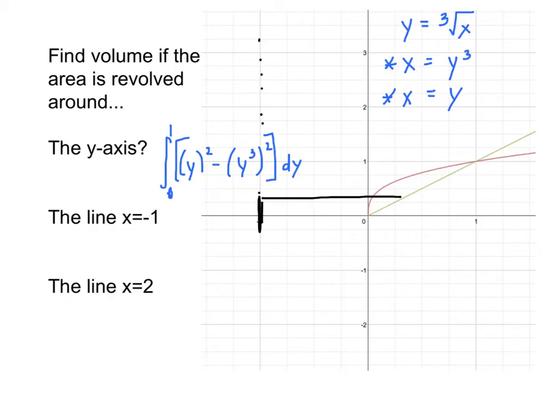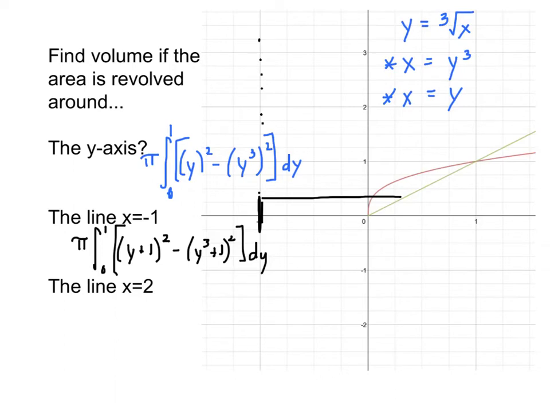So now, oh, and I forgot my pi in the previous one, if you were wondering, I apologize. Now, we're going to say it's pi, 0 to 1 still, and it's going to be y plus 1, we made the radius bigger, minus y cubed plus 1, squared, like that.